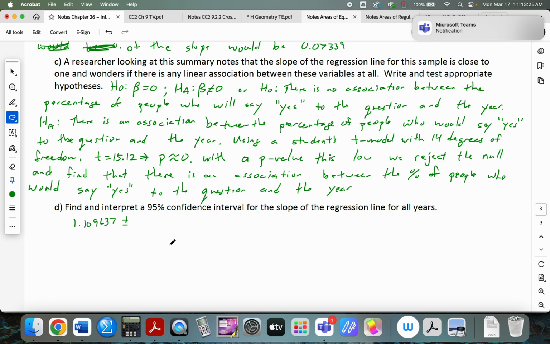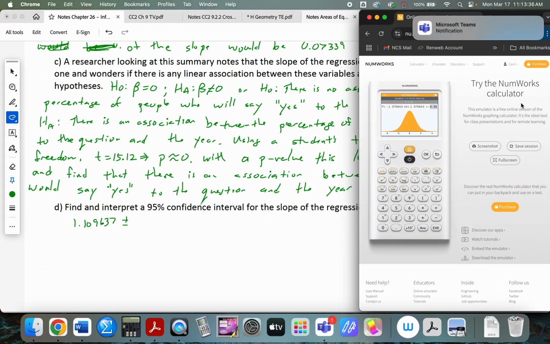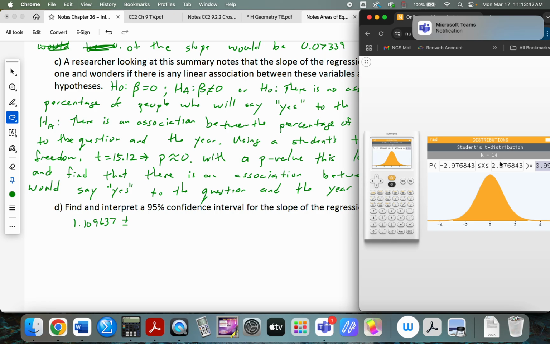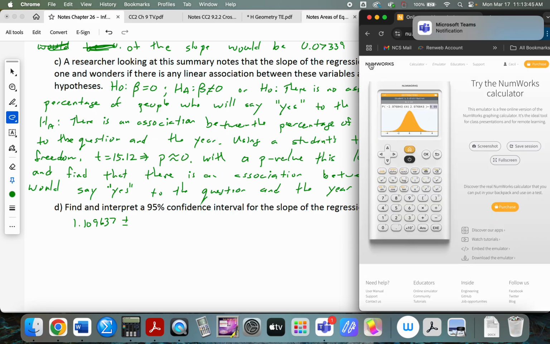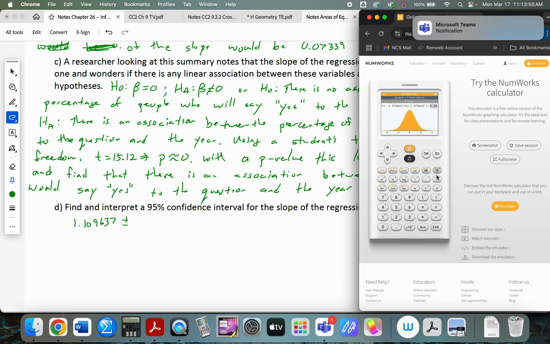So now I need to find out, well, what is my t critical value? So at that point, I need to grab my calculator. So we're going to go to distribution.